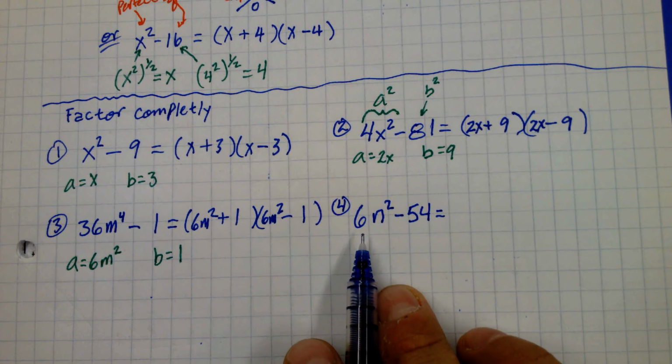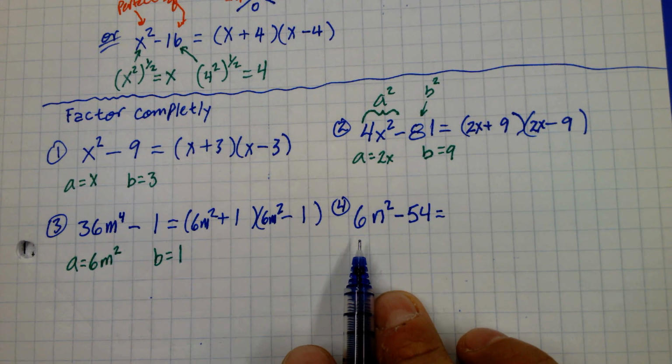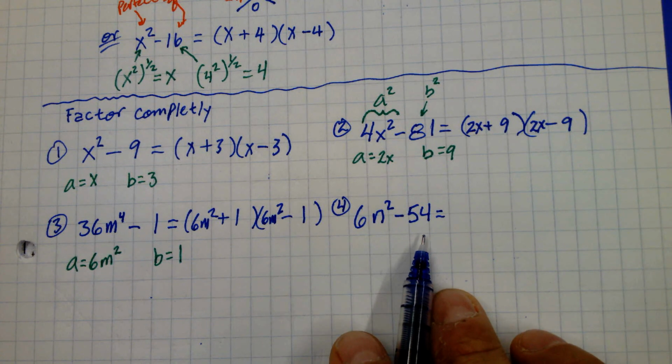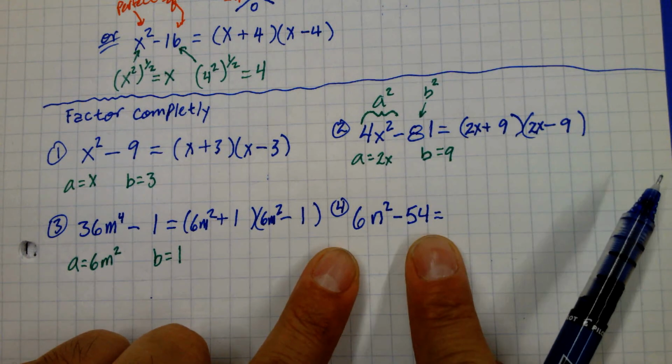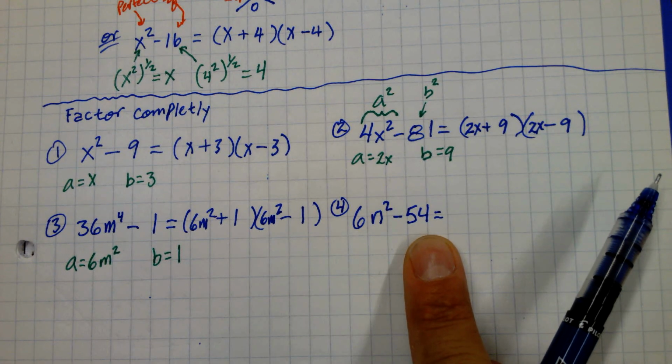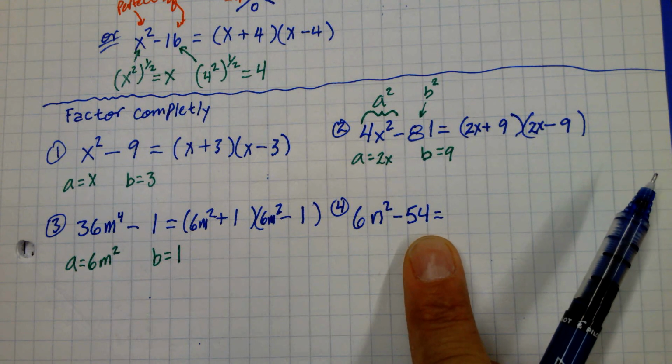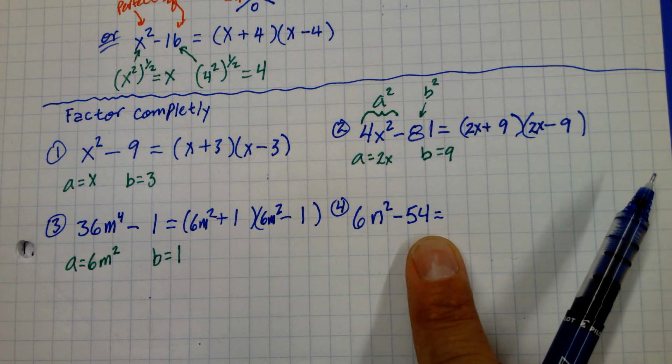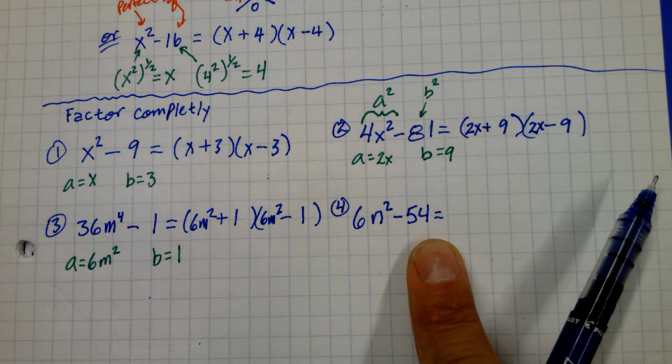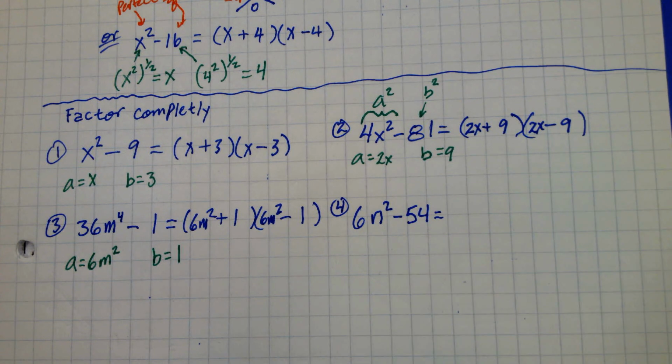No, 6 isn't a perfect square, right? And 54 isn't a perfect square either. Some number times itself doesn't give me exactly 54 other than the square root of 54, which you don't want to mess with. But if that happens, what you want to try next is, can I factor something out?